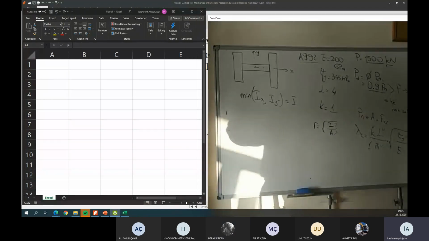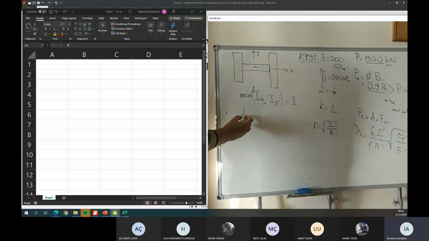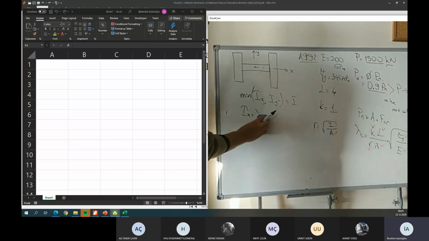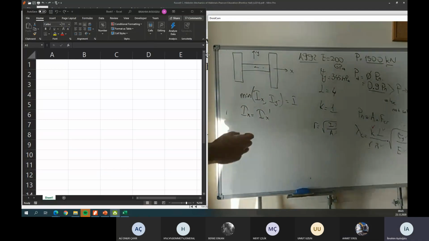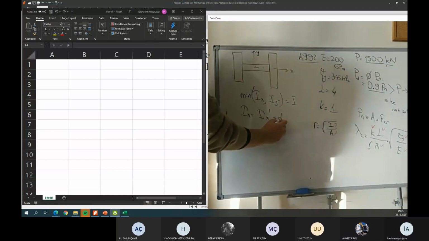Okay, I want to say, Ix is equal to Ix prime plus dy squared times area.